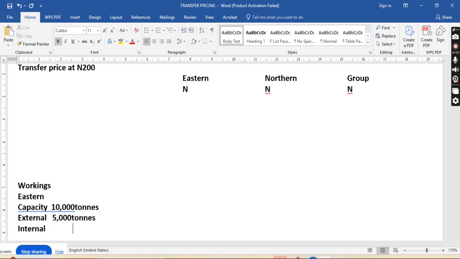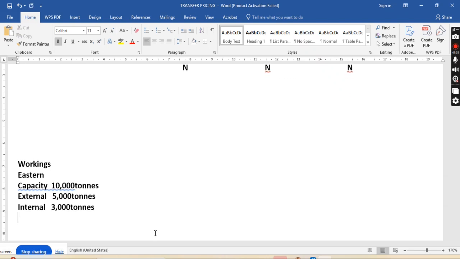Internal, 3,000 tons. It will use it to produce what? Blocks, right? Now, don't forget the transfer price is based on two. We'll do one for 120 and one for 200.